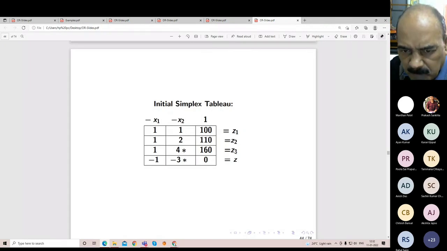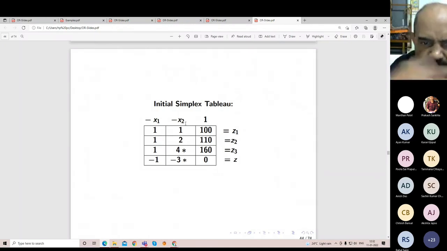In place of z3, put x2. So minus x2 is becoming minus z3, and z3 is becoming x2. All the other labels remain unchanged.